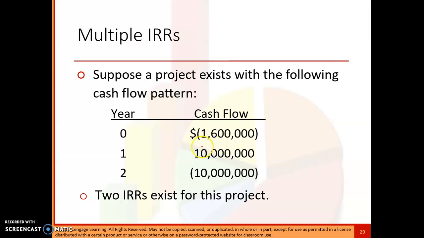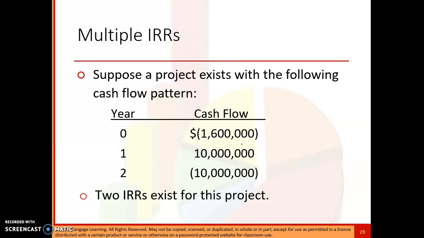So for every negative cash flow on a project, it's going to have an additional internal rate of return. So for example, if a project had 3 negative cash flows, it would have 3 IRRs. 4, it would have 4 IRRs. So which one of those IRRs do you choose from?